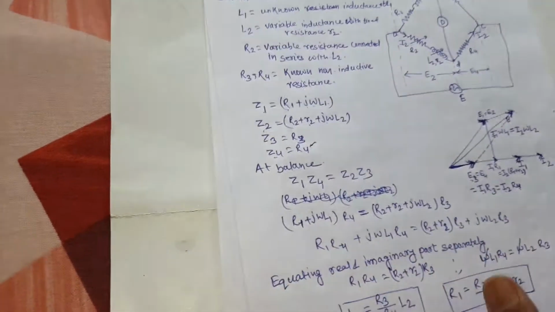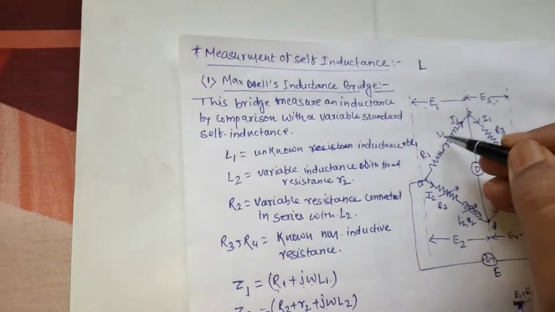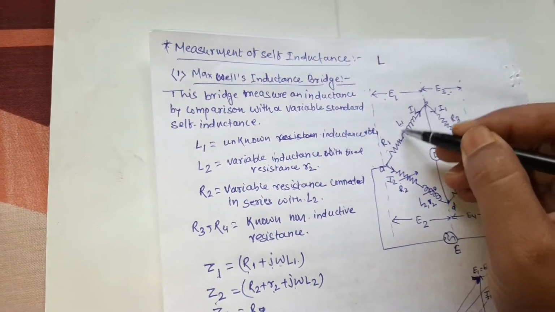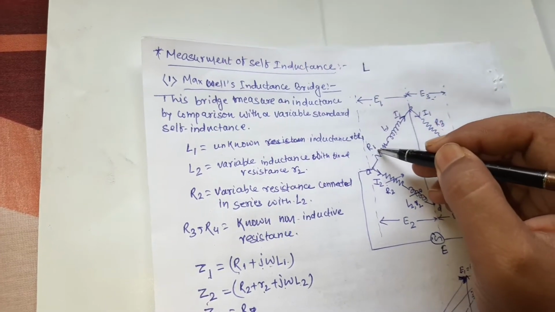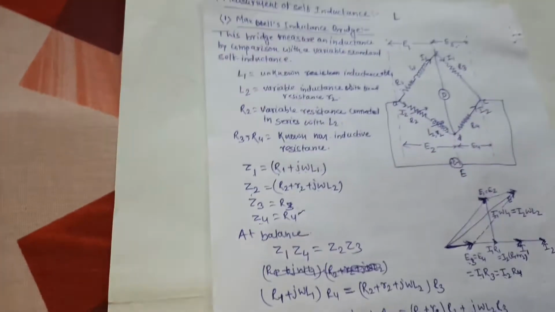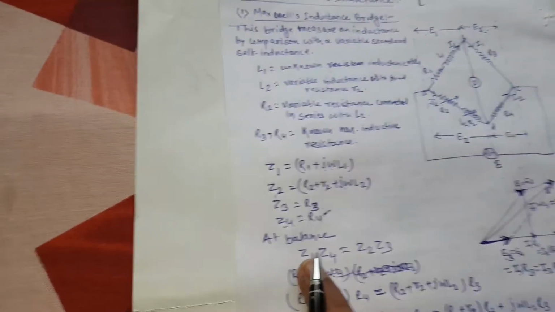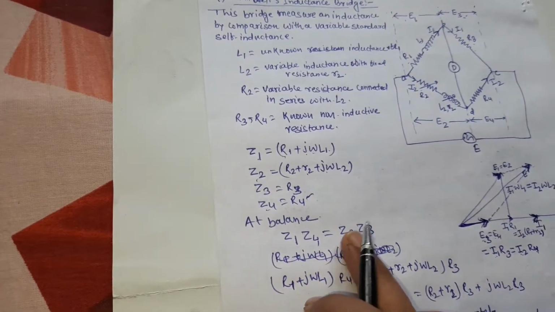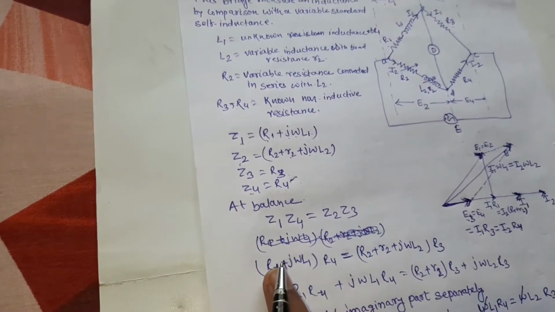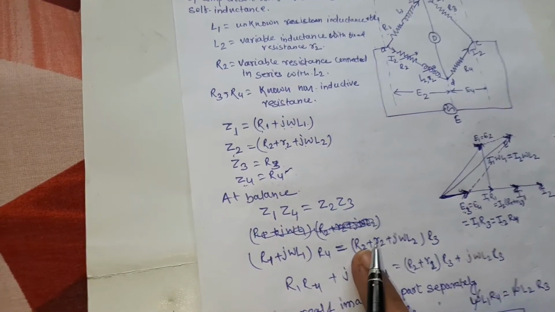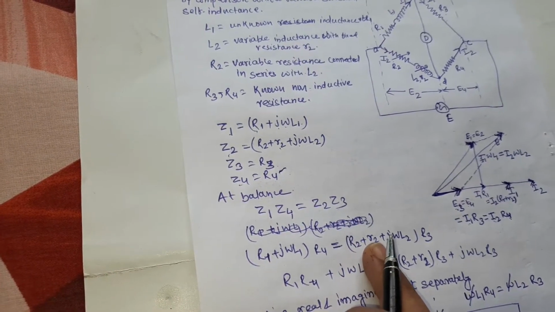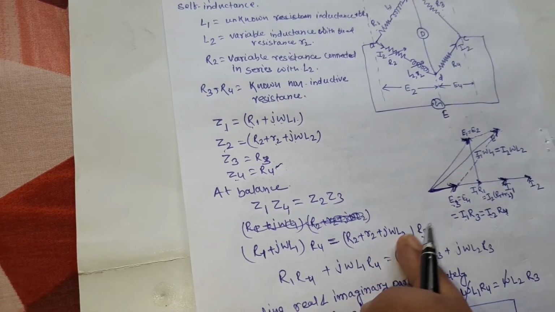Now we have to find out L1 and R1, that means the unknown inductor having self-inductance L1 and internal resistance R1. At balance condition, Z1 into Z4 is equal to Z2 into Z3. So we replace Z1 by R1 plus j omega L1 into R4, and Z2 by R2 plus small r2 plus j omega L2 into R3.